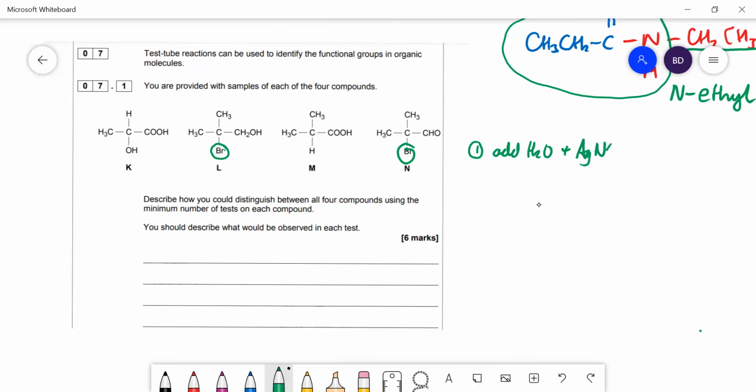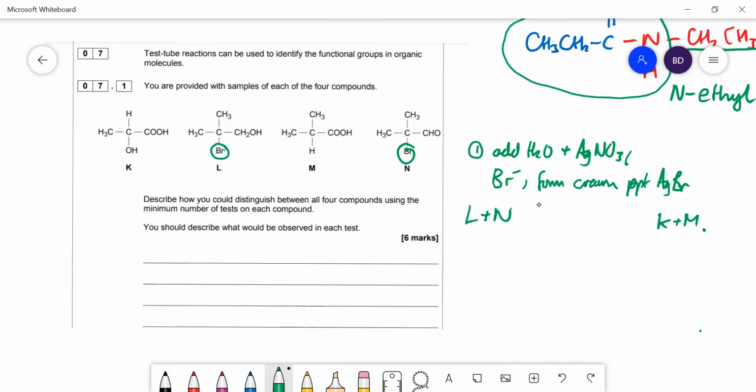You just add silver nitrate solution, not acidified. Best not to acidify it. What you'll get is bromide ions will be released, and they will form a cream precipitate with the silver, of AgBr. So you can distinguish L and N, because they'll give you the cream precipitate, and K and M won't.